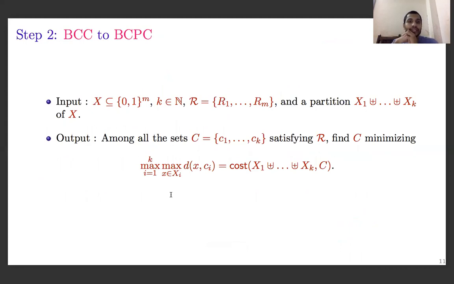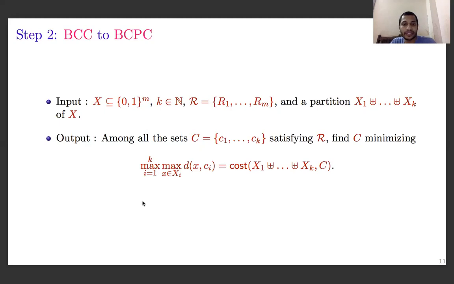In the binary constraint partition center, the input is as follows: a set of vectors X and an integer k, and similarly a collection of k-ary relations, and also a partition X1 to Xk is given.